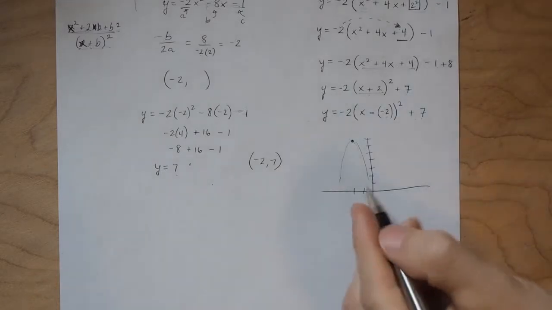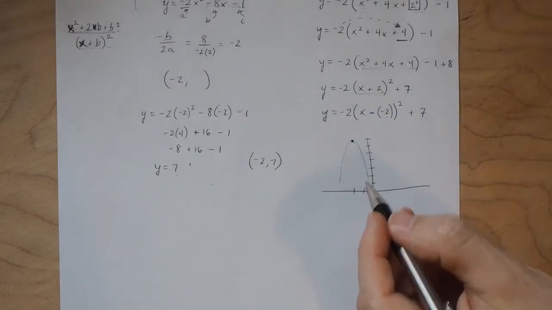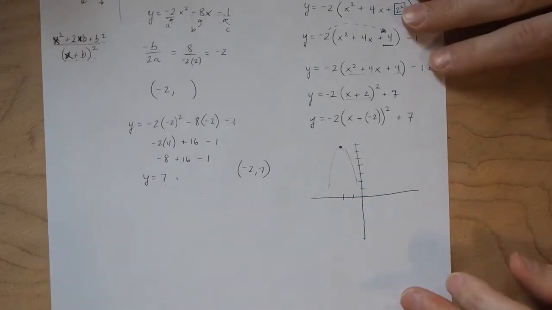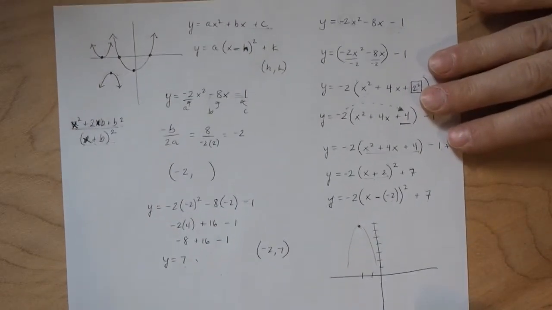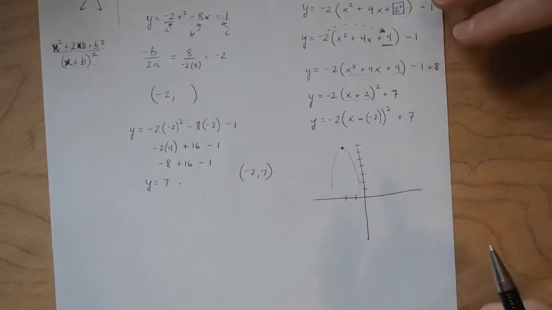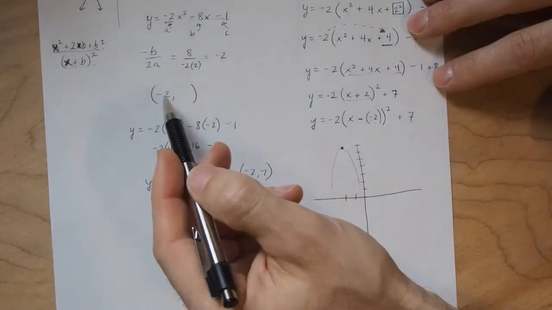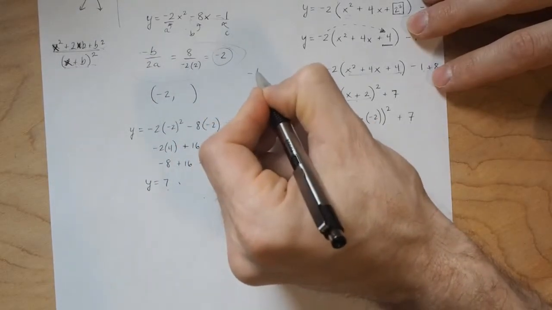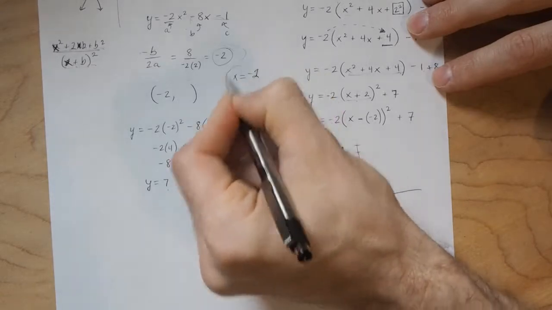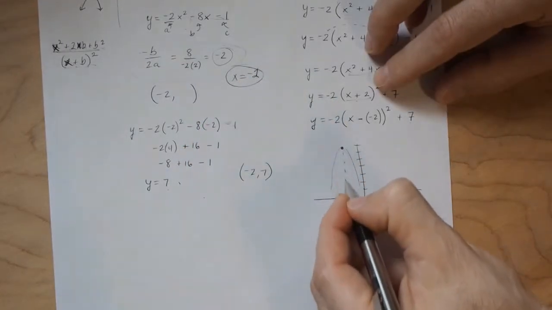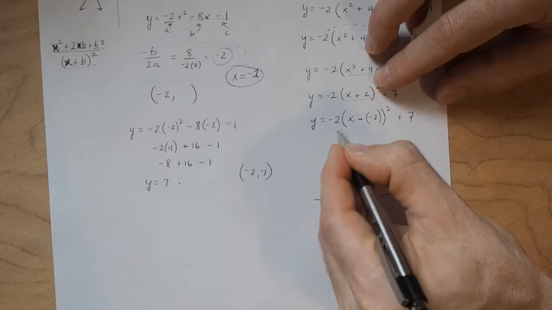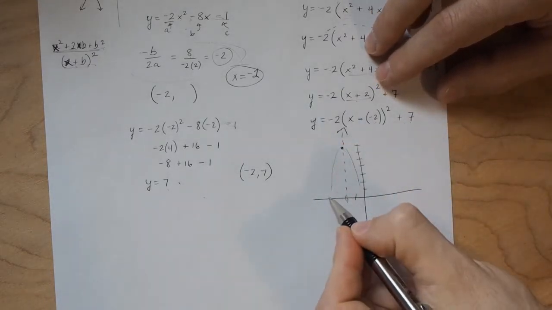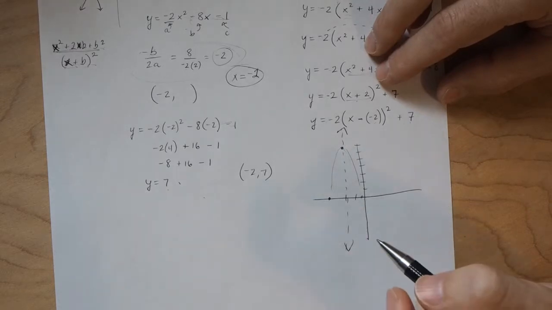And so if you want to graph, you would have to find out where it crosses. But for now, that basically answers the question how to put in vertex form. The axis of symmetry is covered here. This right here is -2, and x equals -2. So the axis of symmetry is here. And you could state the x-intercepts, where it crosses.